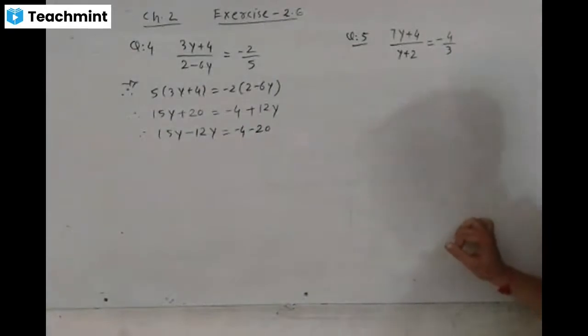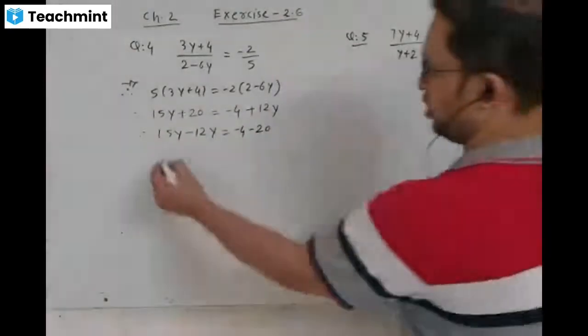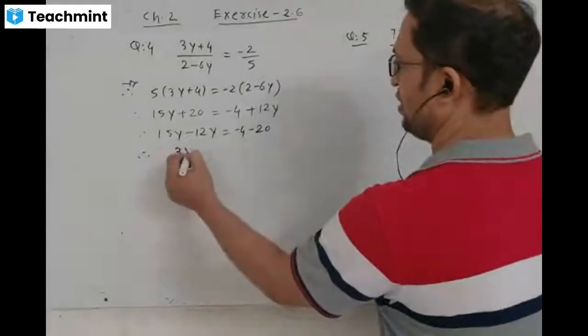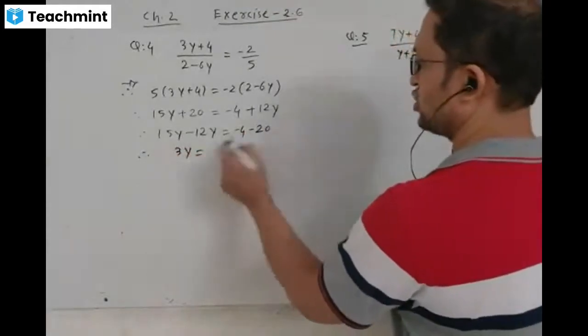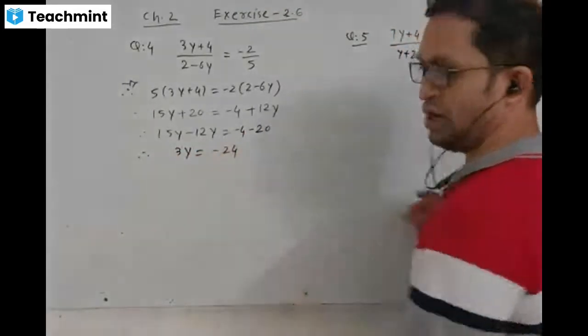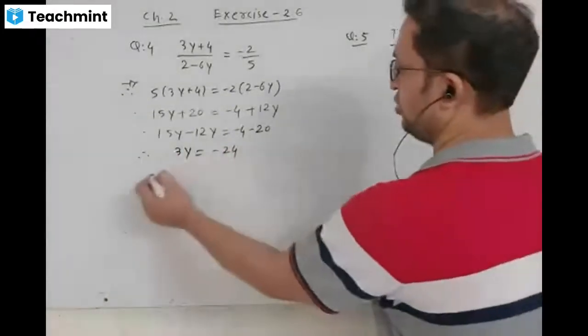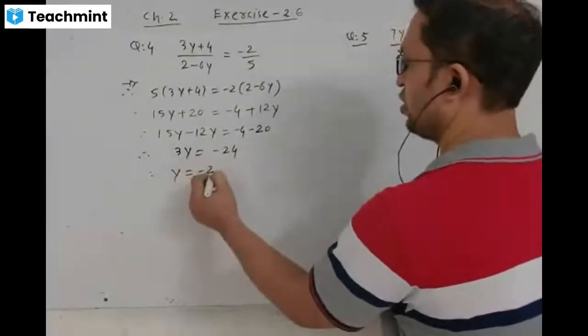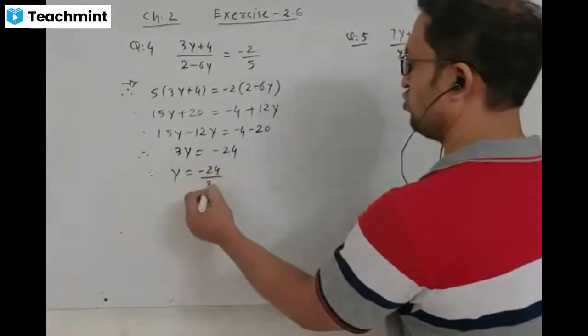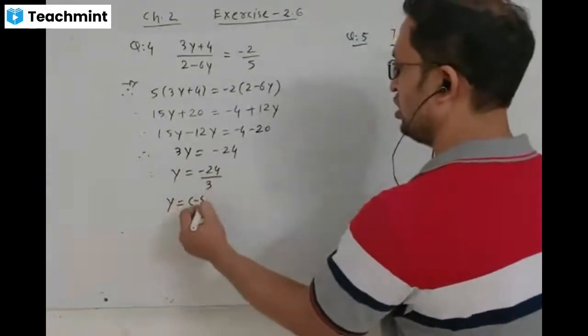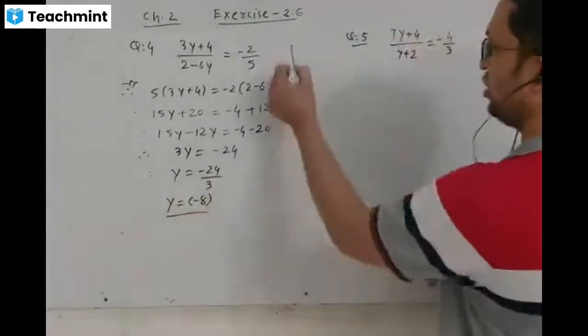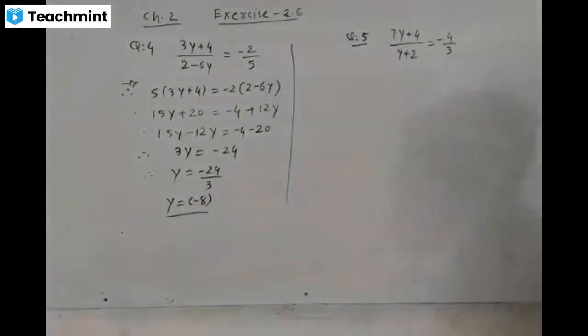Okay, therefore 15y minus 12y, that is 3y, equals minus 4 minus 20, that is minus 24. Okay, and here 3 is in denominator form, therefore y is equal to minus 24 by 3, y is equal to negative 8.